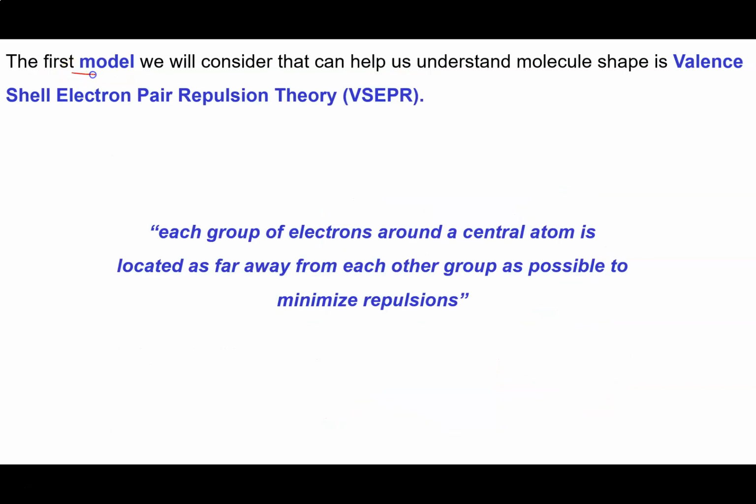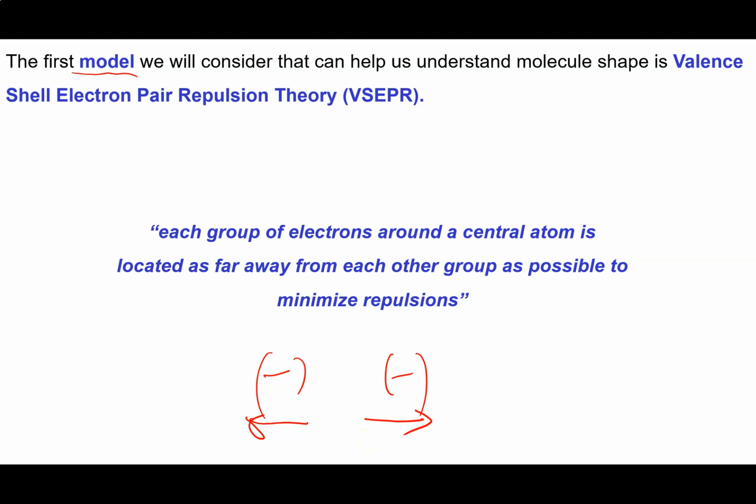So the simplest model, and the first model that we're going to consider that can help us understand molecular shape, is called the valence shell electron pair repulsion theory, or what we call VSEPR theory. And it's a very simple idea. It recognizes that electrons are negatively charged, and things with the same charge tend to repel one another and keep out of each other's way.